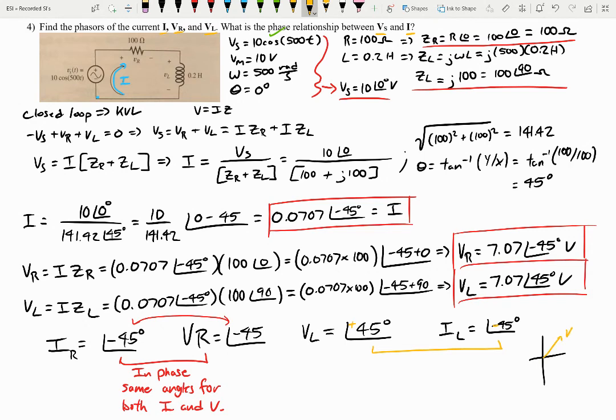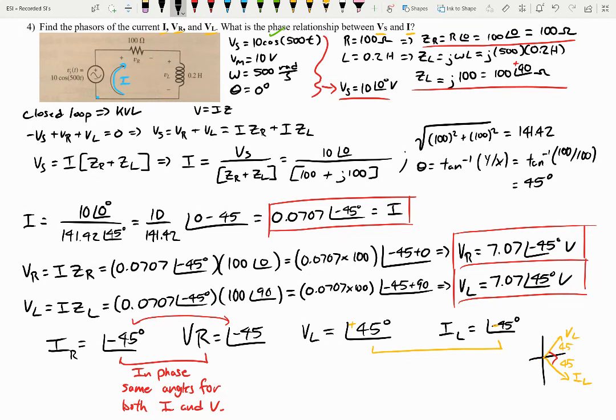up here, this would be V of L. Down here, this would be I of L, where that would be 90 degrees. So there's 45 there, there's 45 there. Okay, and like how we said before, how originally up here this is positive 90 degrees, well, the voltage should be ahead of the current by 90 degrees.